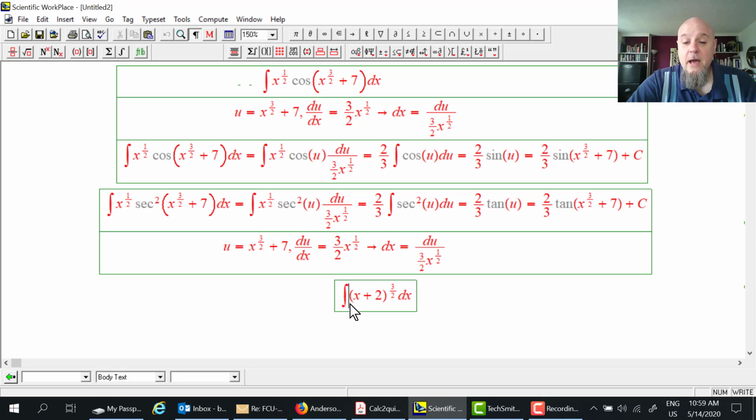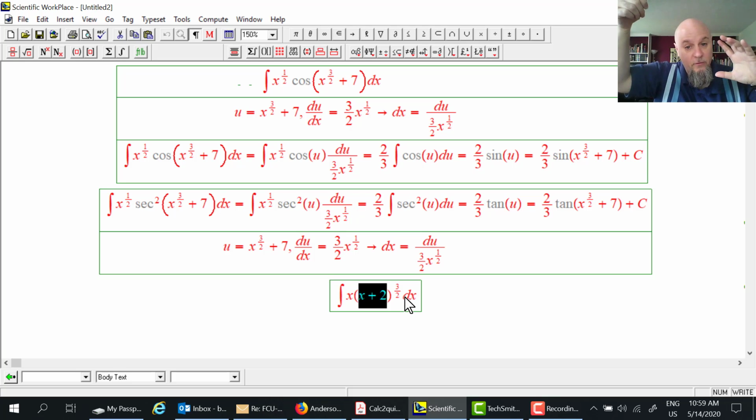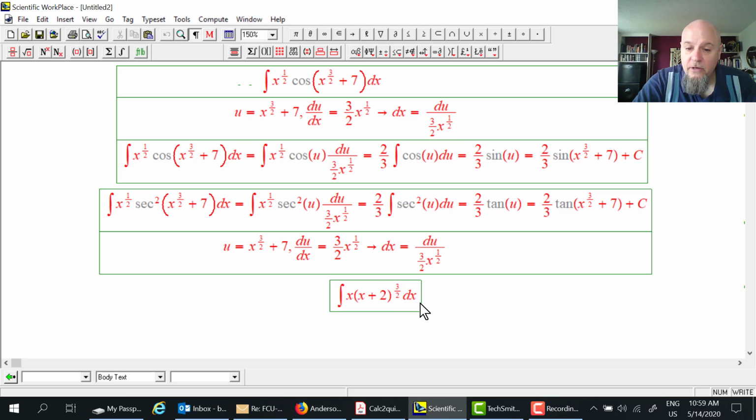Now, there isn't on the outside a multiple of a function on the inside. Let's do that. Let's put an x here. So the function x plus 2 is inside the to the 3/2 function. It's still a function and a function. This x on the outside, though, isn't a multiple of the derivative. But I'm still going to do the same setup.